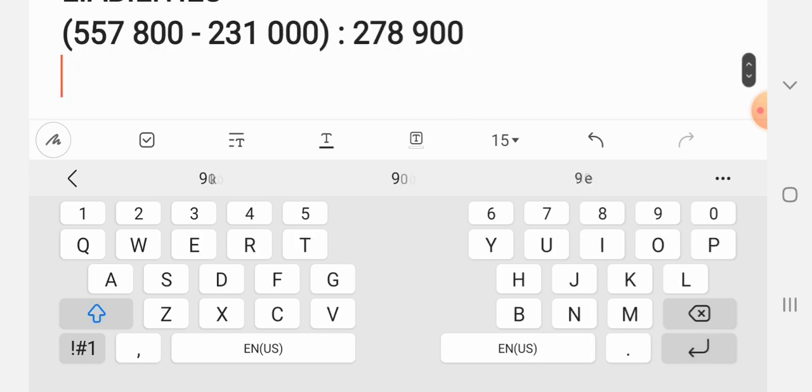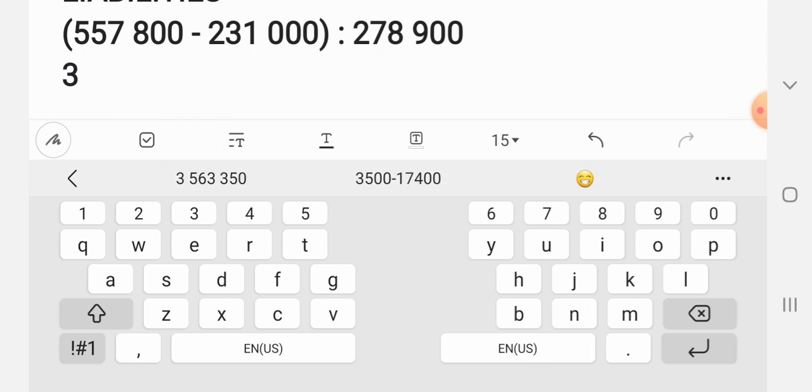And then on the next step, you're going to minus the 231 from the 557. That will give us 326,000.